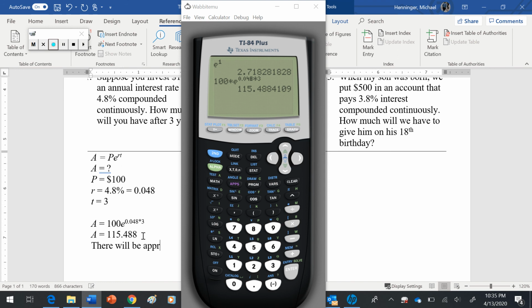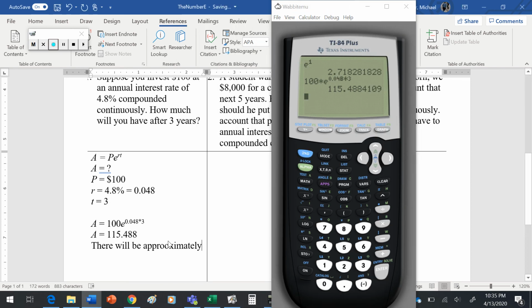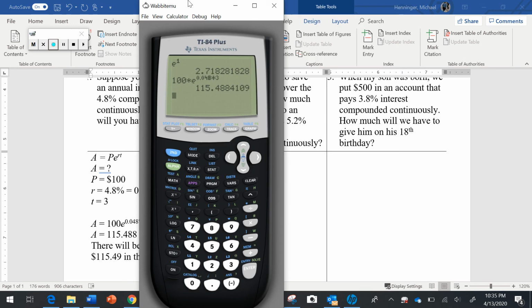There will be approximately, or about if you prefer, $115.49 in the account. All right, so there we go. Now let's move on to the next one.